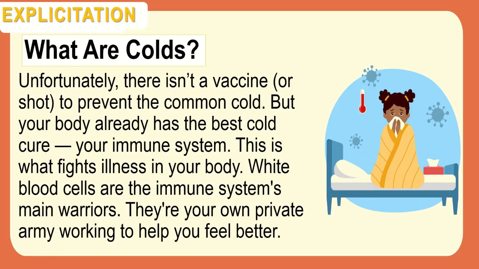Unfortunately, there isn't a vaccine or shot to prevent the common cold, but your body already has the best cold cure, your immune system. This is what fights illness in your body. White blood cells are the immune system's main warriors. They're your own private army working to help you feel better.